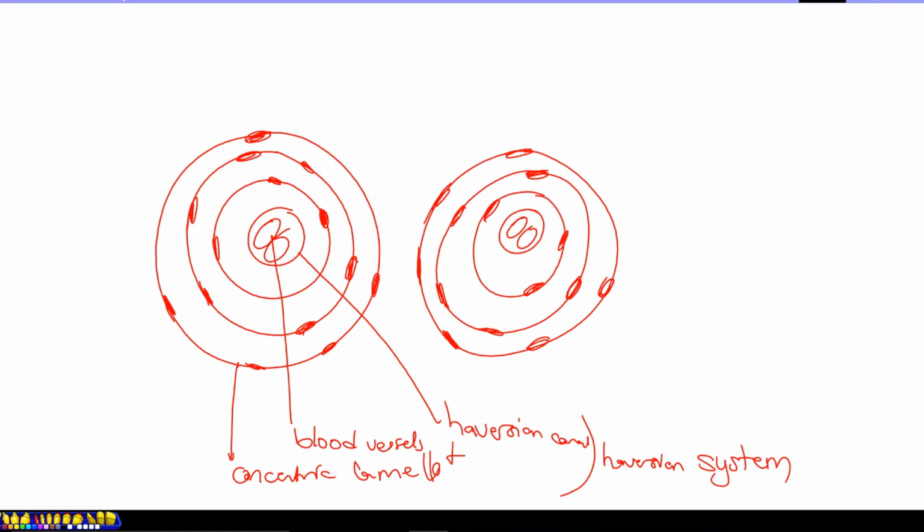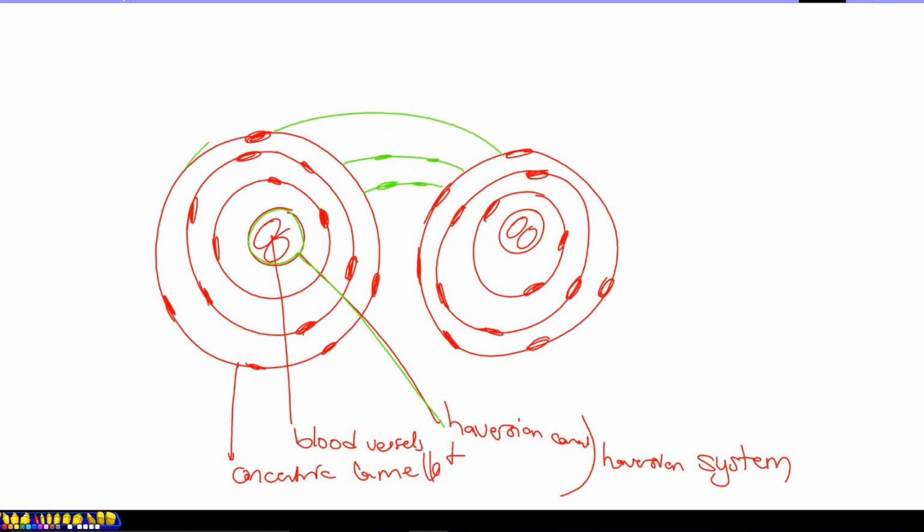I draw the capsule-like structure because osteocytes are also found in capsule-like structures. That one, we said, is the Haversian canal. Between two Haversian canals, some other lamellar structures are also positioned.